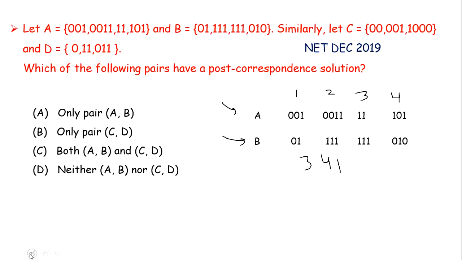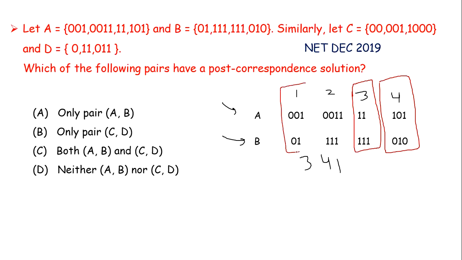What does it mean? This one is index number 3, then we have index 4 and this one is index 1. Now we will write A3, A4 and A1.